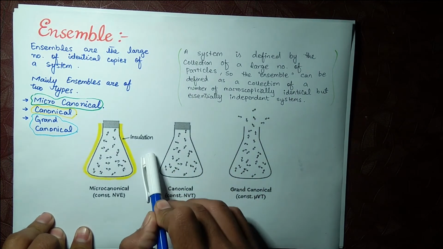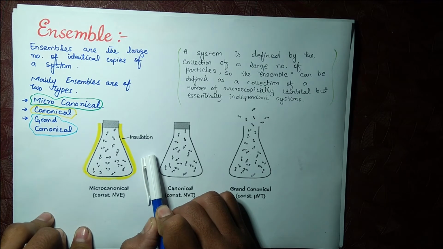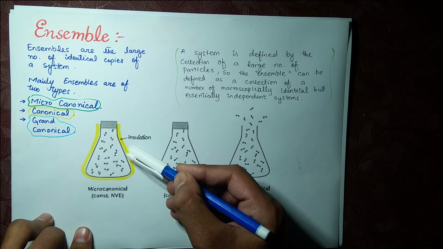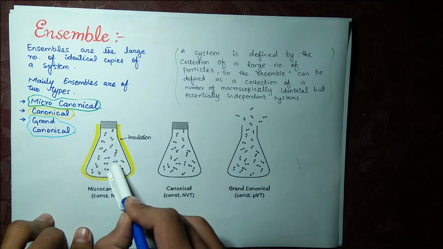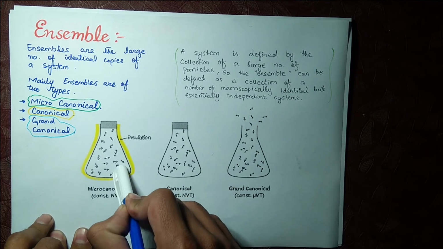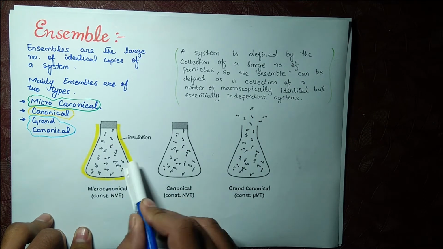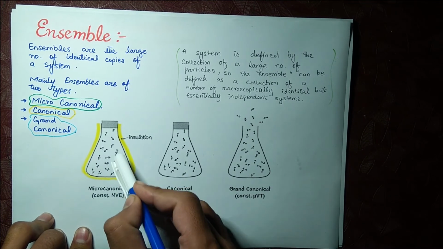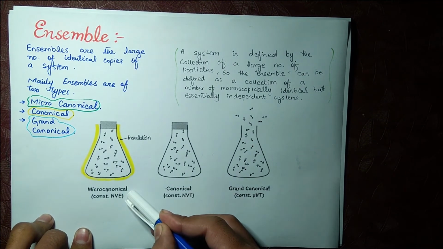If no heat can enter or leave the system, the heat is a form of energy, and this energy will not leave the system. Because it does not leave the system, the system will retain its energy, and there will be no change in the energy; energy will be constant.